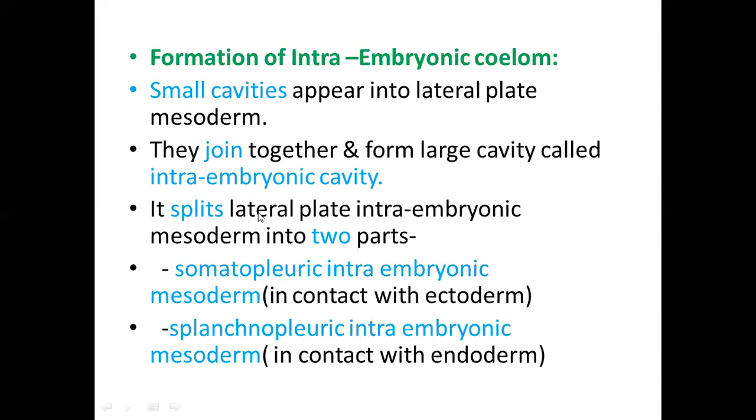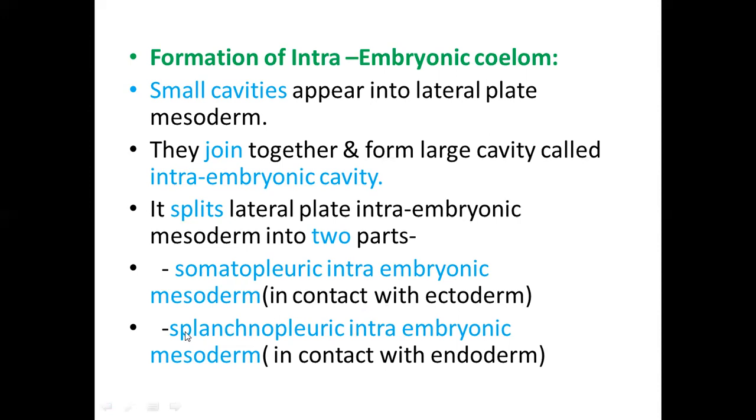It splits the lateral plate intraembryonic mesoderm into two parts. Same way we have seen in extraembryonic mesoderm. Here also, due to the formation of the intraembryonic coelom, it splits into two parts. One is called somatopleuric intraembryonic mesoderm, which is in contact with ectoderm.